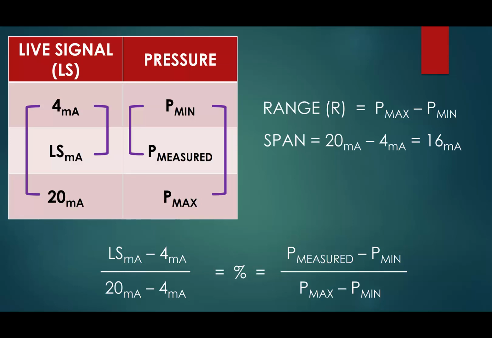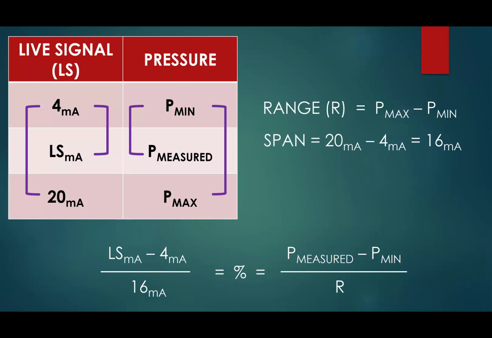So those two equations on the left and the right are equivalent. They both are the same percentage. Since they're both the same percentage, since they're equivalent, we know that the span is always 16. We know that Pmax, let me back up so we see what just happened there. On the bottom of our right-hand side, the denominator where we have Pmax minus Pmin, the top minus the bottom, as we've said, that is equivalent to range.